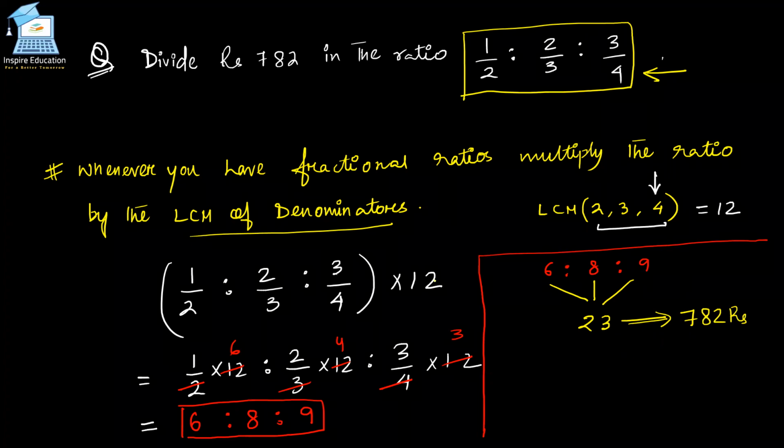Use the old technique. See, 23 into 20 is 460. Or we can say 23 into 30 is 690. If we do 23 into 40, we will get 920, which is of no use.